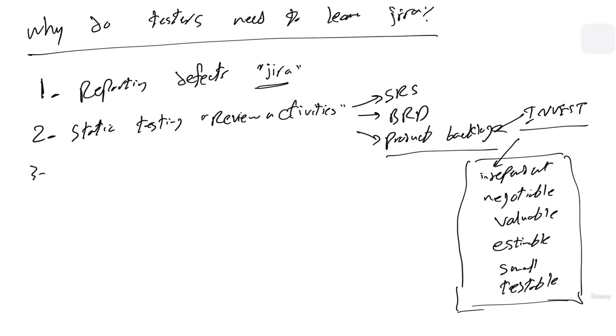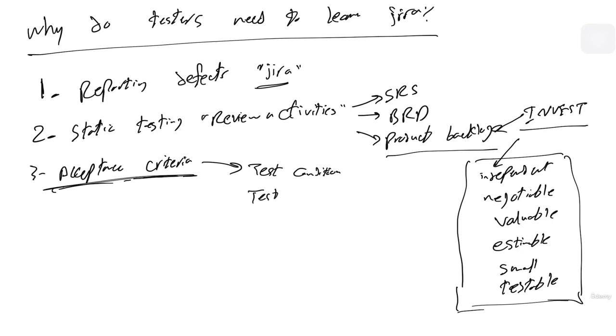Another thing is that in many companies, writing the acceptance criteria for the user story is the responsibility of the software tester. In this case, you should go to each user story and write its acceptance criteria. And the acceptance criteria is considered a test condition or a test scenario.